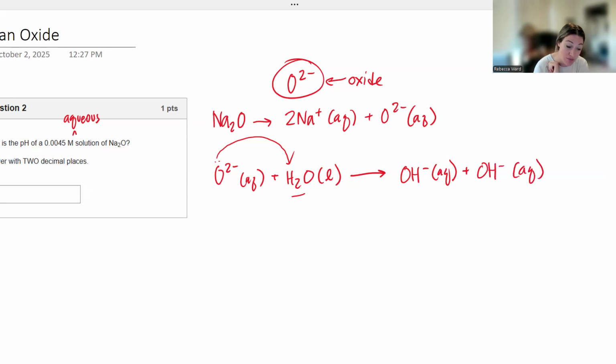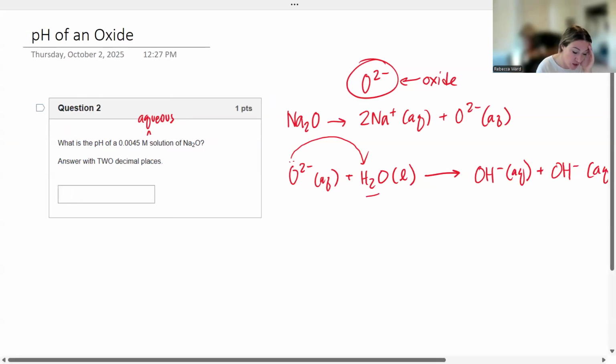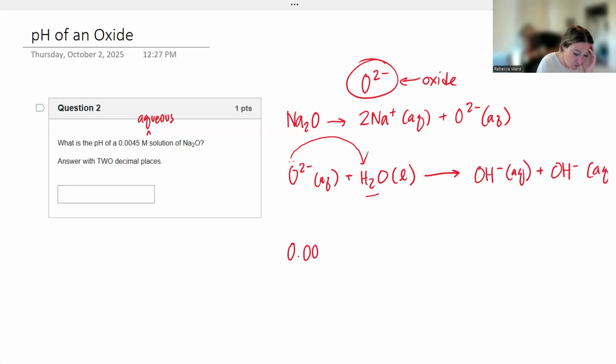So that means every unit of sodium oxide that goes into solution generates 2 OH minuses. And that's what we need to know. We need to know the OH minus concentration so that we can calculate the pH. We put in 0.0045 molar of Na2O.